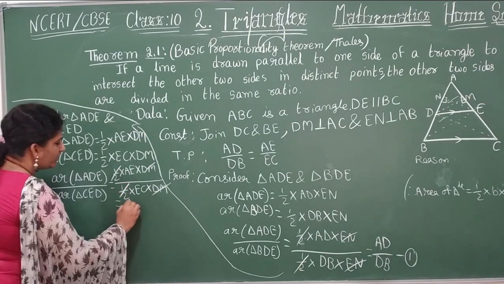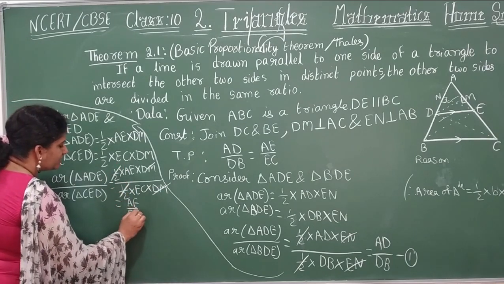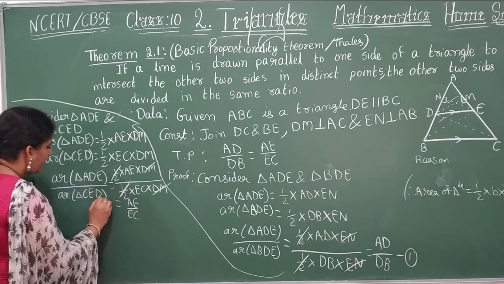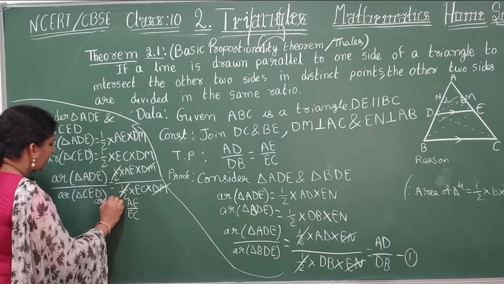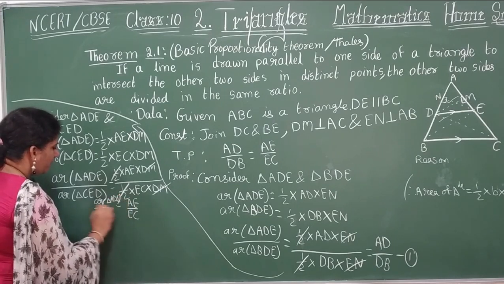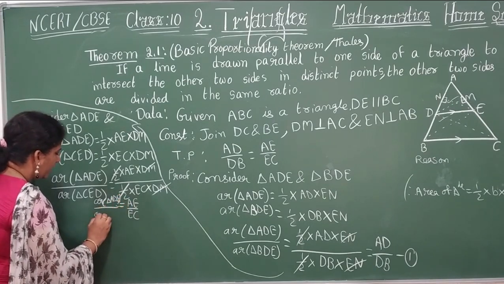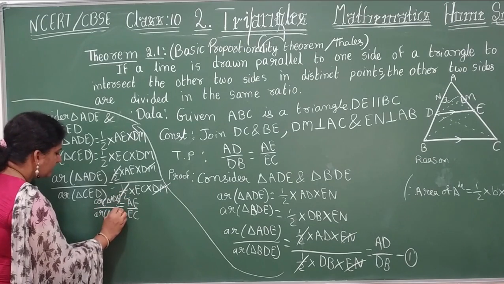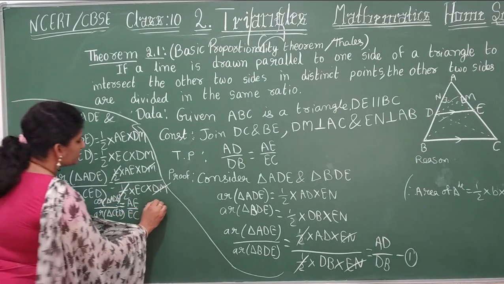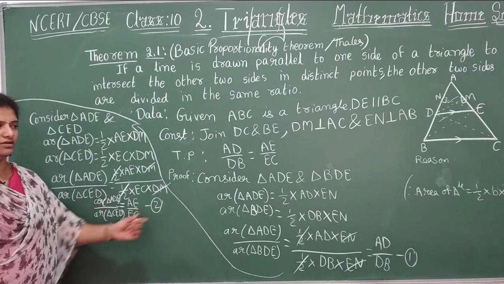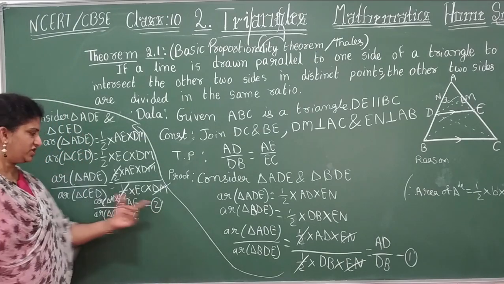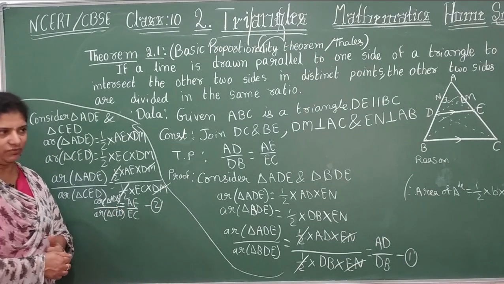You are left with AE by EC. That is area of triangle ADE by area of triangle CED. See you, children. Mark this as second equation. Before, first equation. Now it is second equation.